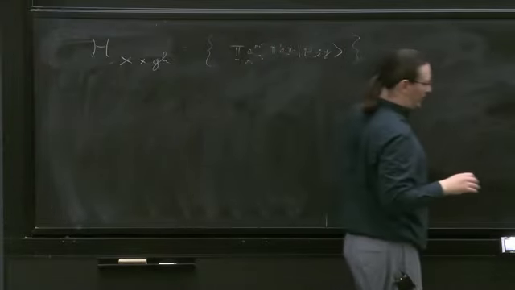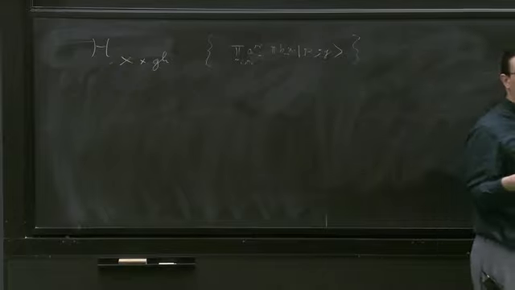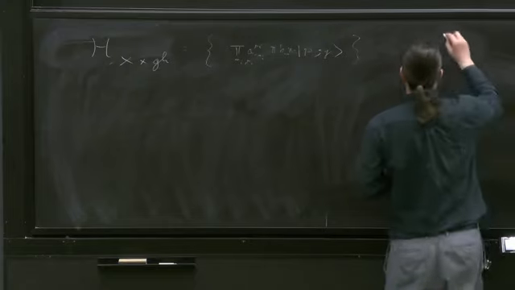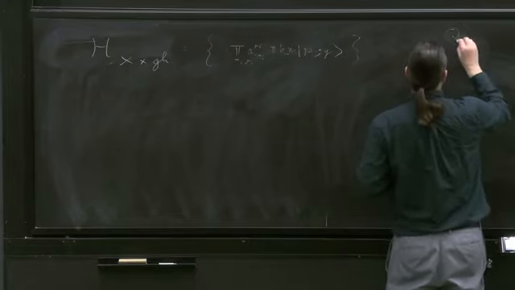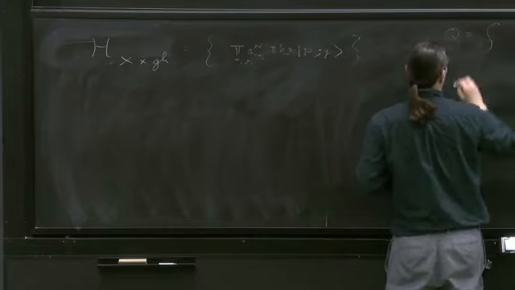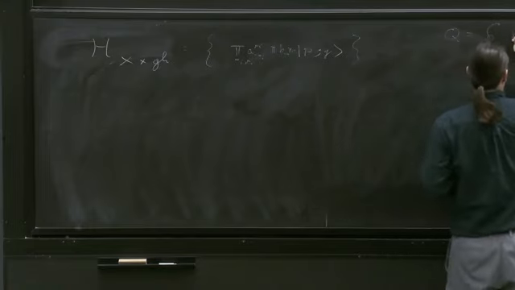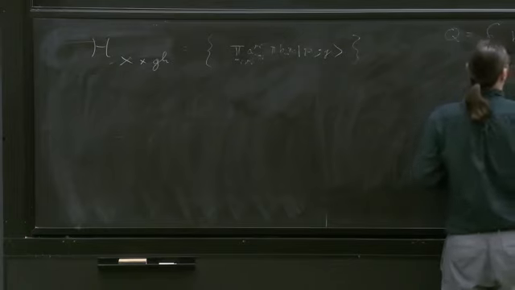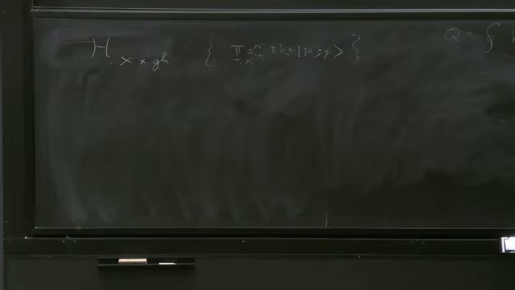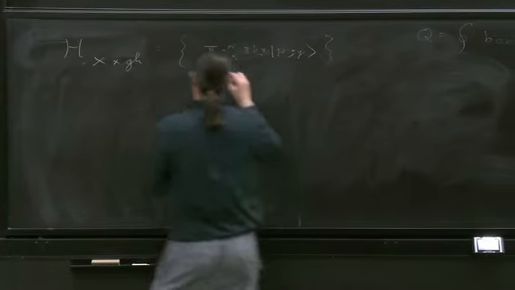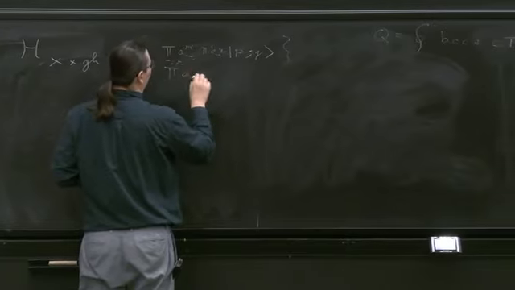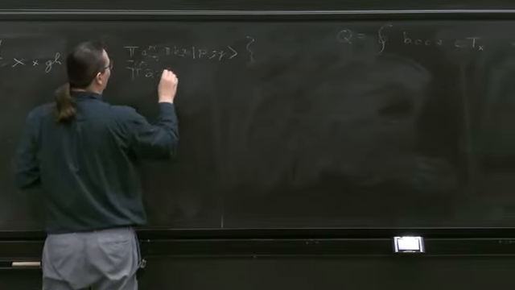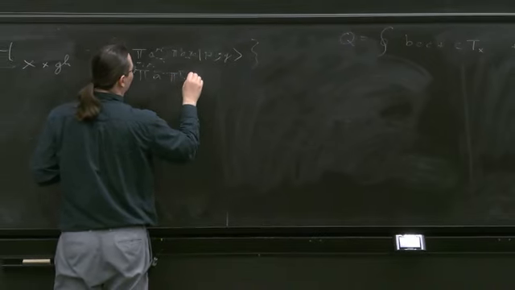In order to get the space of states of string theory, we are supposed to take the kernel to introduce this Q, which is the zero mode of a certain current. And sorry, I always forget to write it, but we need both holomorphic and anti-holomorphic modes.